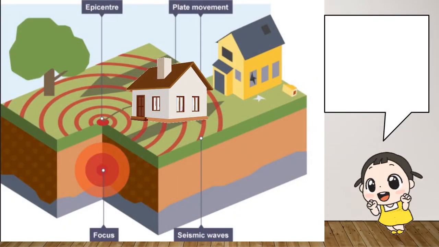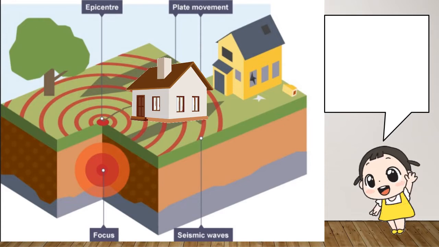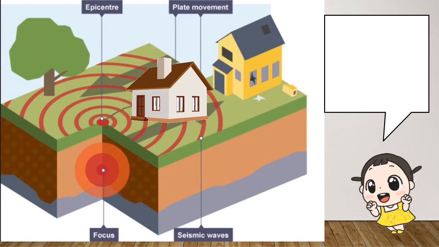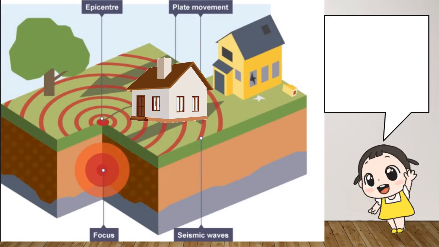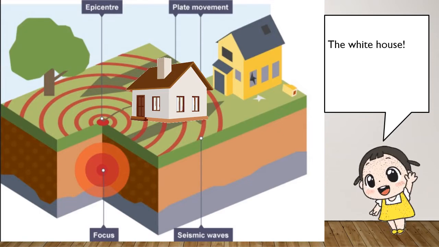If I'm going to place another house between the epicenter and the yellow house, which do you think will receive more damage? The white house or the yellow house? Very good, the white house. Why do you think so?